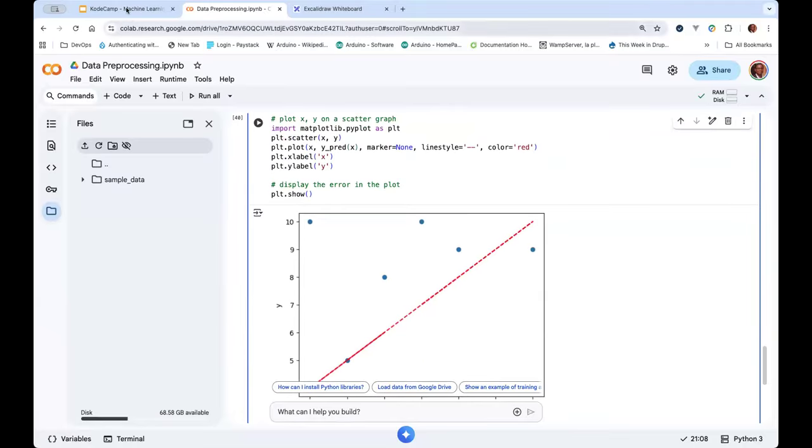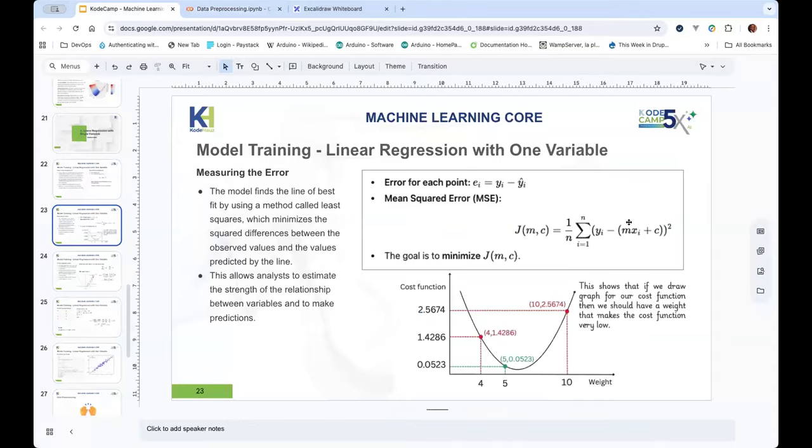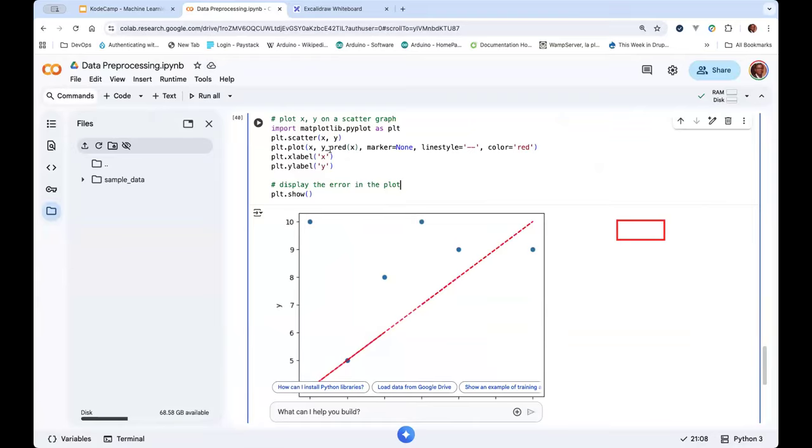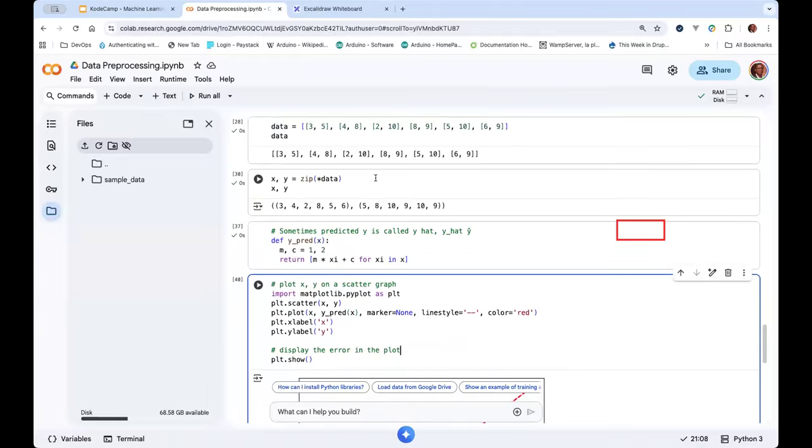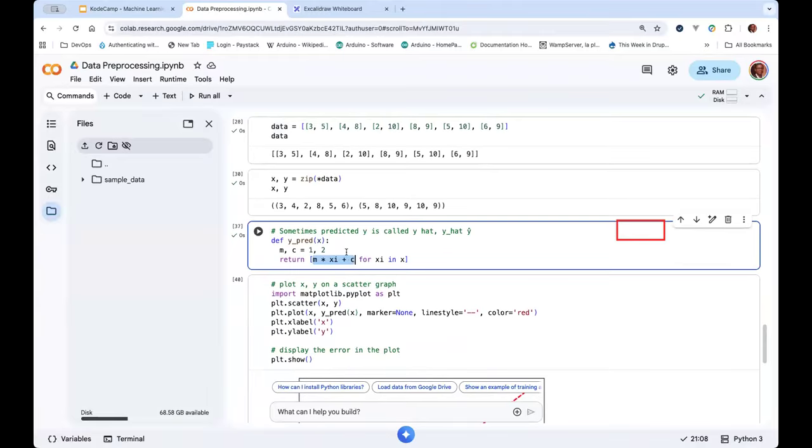So to calculate the error, okay, this formula that looks very complex, let me break it down. First of all, the first part of this formula is going to tell us the predicted value, mx plus c. That is what I just did in this function, right? That's what I just did here. mx plus c. That's y pred. That's the predicted value.